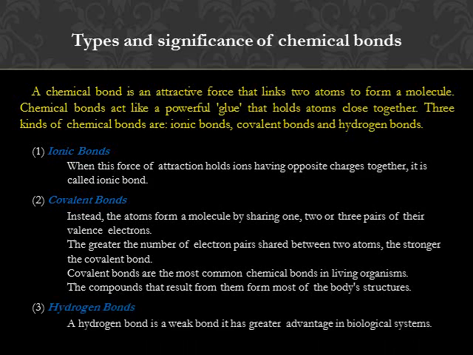The third type of bond is the hydrogen bond. A hydrogen bond is a weak bond, and it has a great advantage in biological systems. A biological system, a cellular system, a living organism is a system where so many different materials are getting exchanged through the process of metabolism. The interconversion of one type of molecule into another, or into a third, is always and continuously happening inside the cell, which is actually called chemical processes or metabolism.